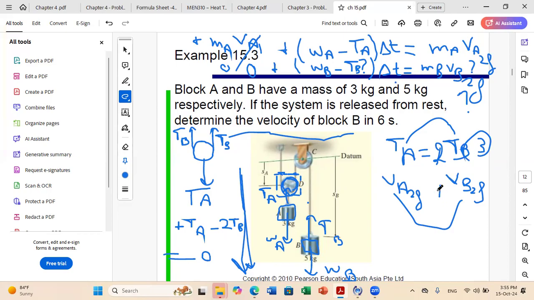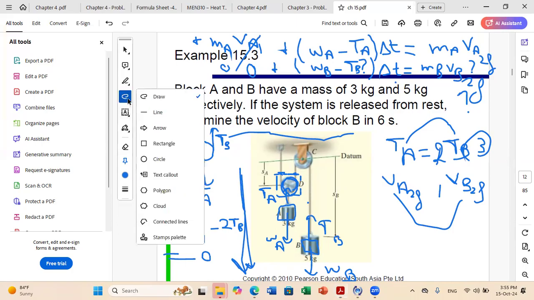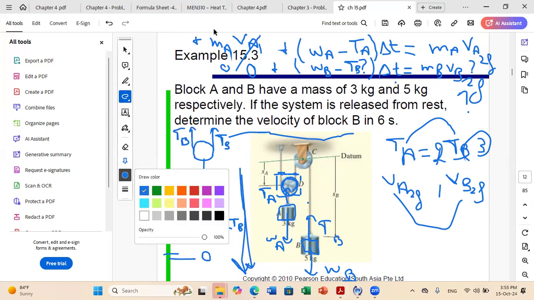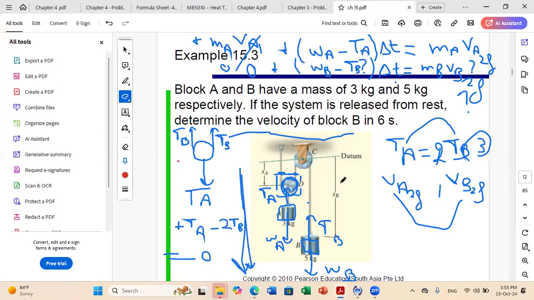I still need a fourth equation to close my system. The fourth equation is by relating velocity of A to velocity of B. So if I consider my system here, this is my pulley system. I take a datum. This is SA for pulley D, because the center of D is attached to block A, so they move together.